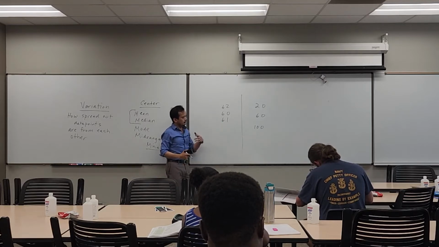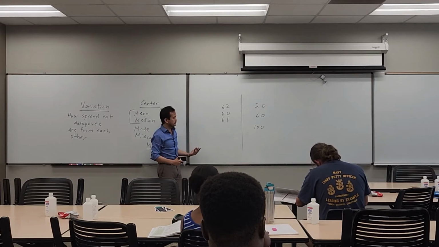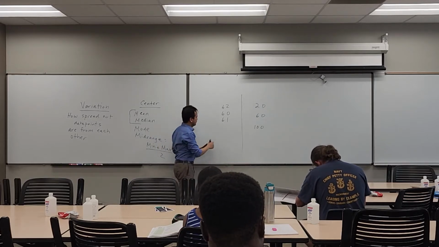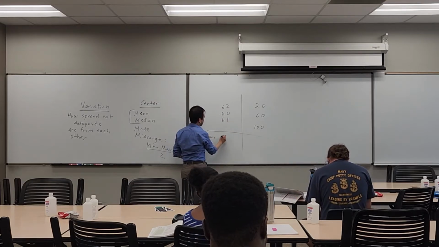And let's talk about the measure of center that we've already talked about, which is the mean. So the mean for both these data sets ends up being the same. The mean for both is 60.